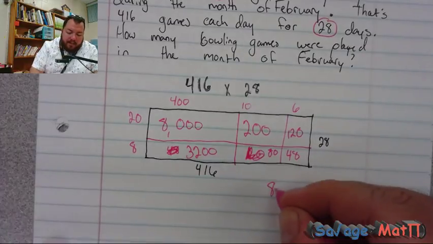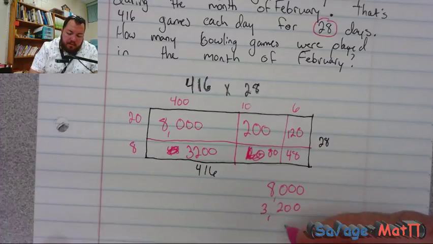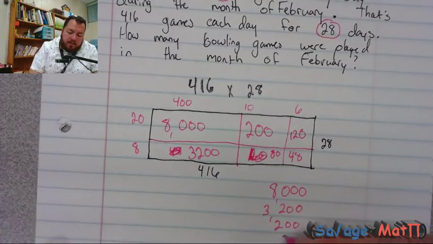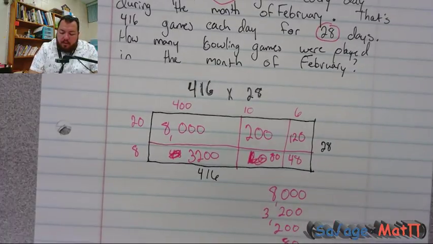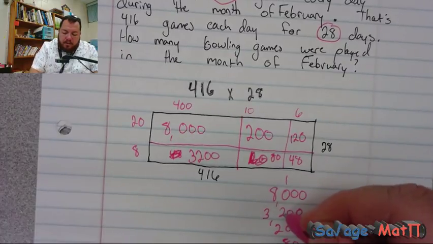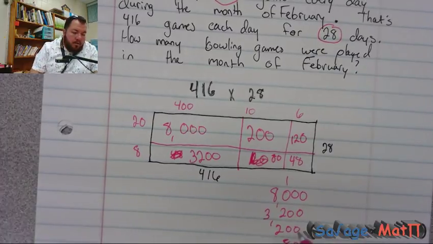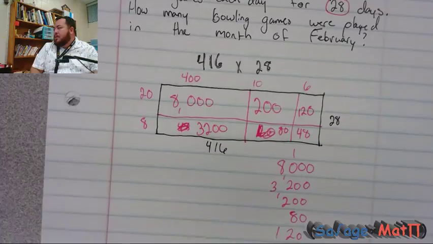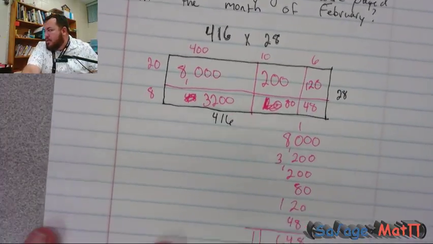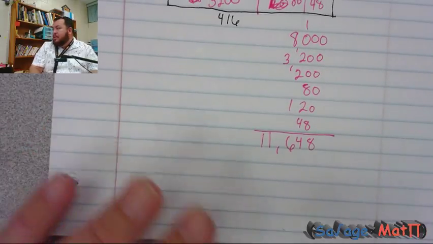I would have 8,000 plus 3,200 plus 200 plus 80 plus 120 plus 48. That's going to be 11,648.